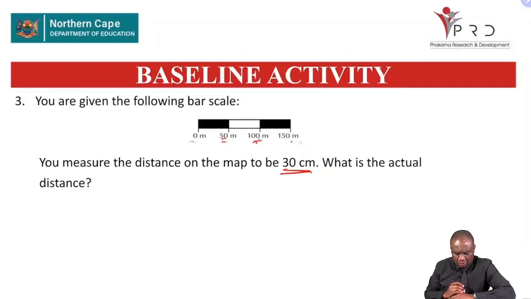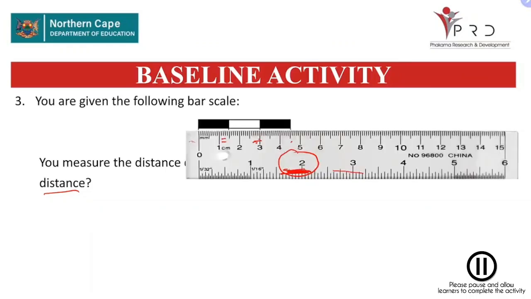After drawing your bar scale, now this is the ruler. Now, using your bar scale, what is the actual distance? Just write distance on the map 30 centimeters. If the distance on the map is 30 centimeters, what is the actual distance here? Let me give you 3 minutes for this.